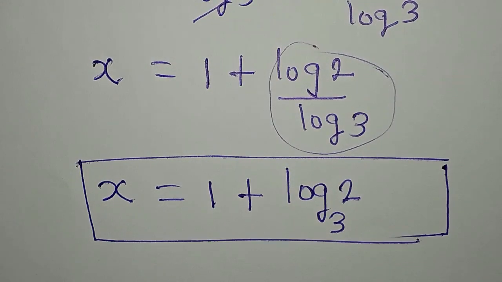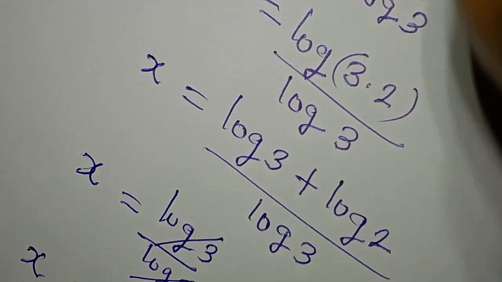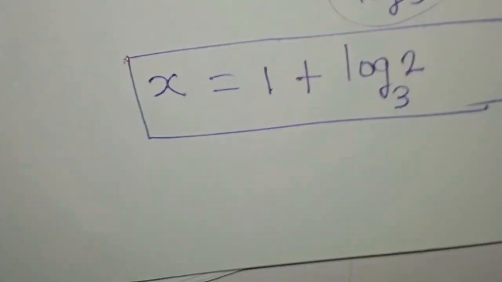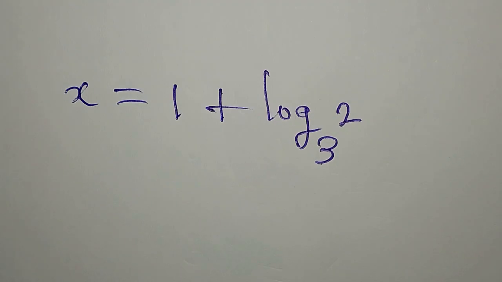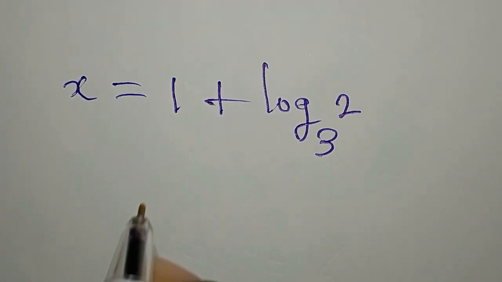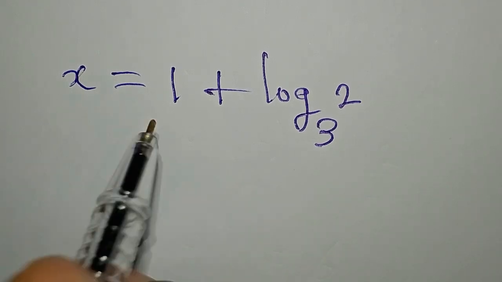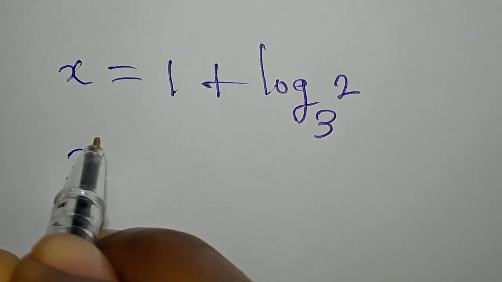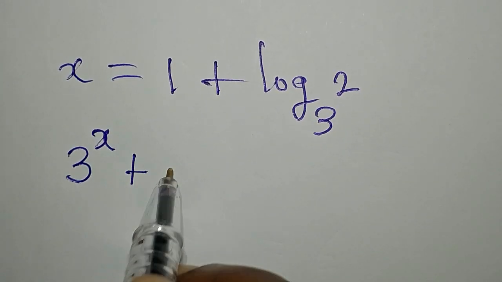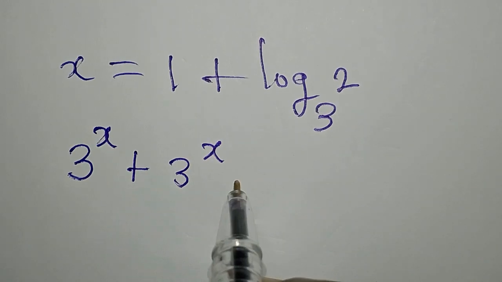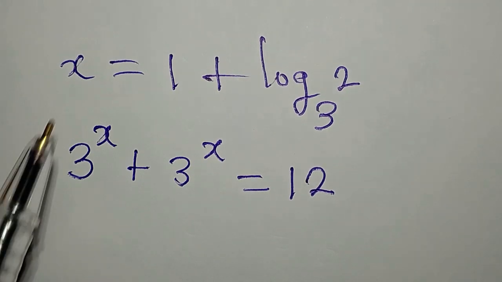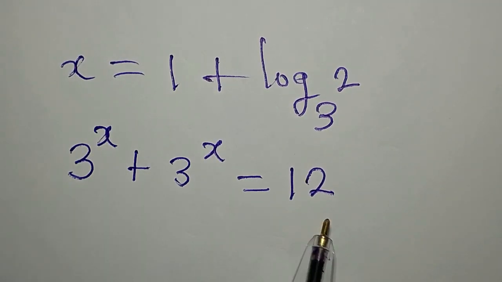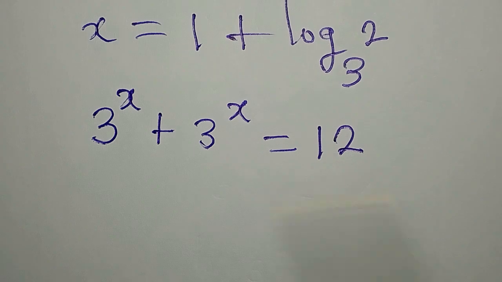So we're going to put this back into the original equation and see if it will be satisfying. Okay, let's go there. This is the value of x, and the original equation is 3^x plus 3^x equals 12. So we want to put in the value of x to see if we're going to get 12 on the other side.